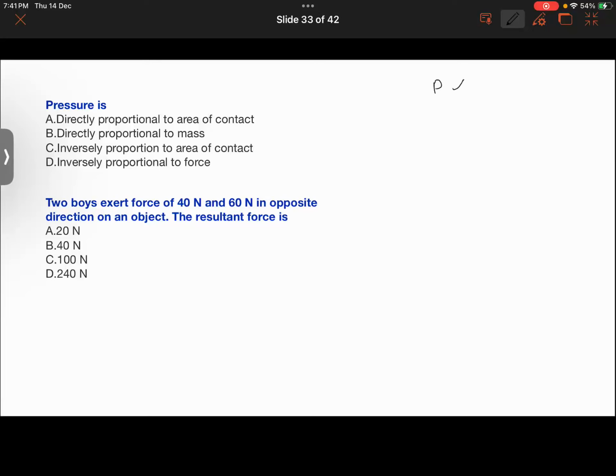Pressure is inversely proportional to area. If the area of contact increases, the pressure will decrease, and vice versa. If the area decreases, it means pressure will increase. That's an inverse relation. Remember that.